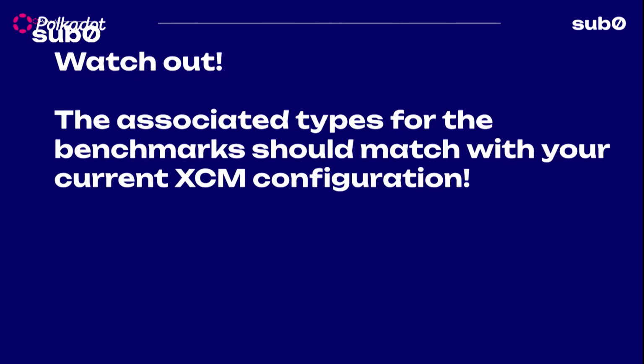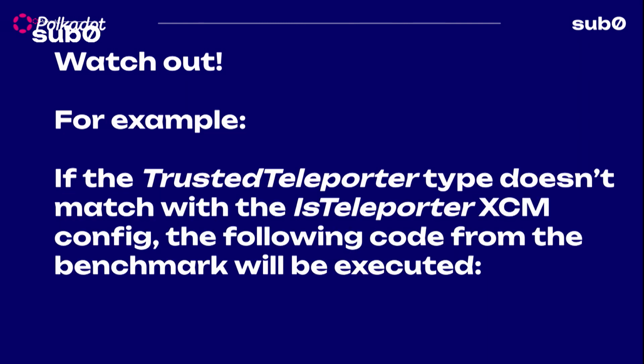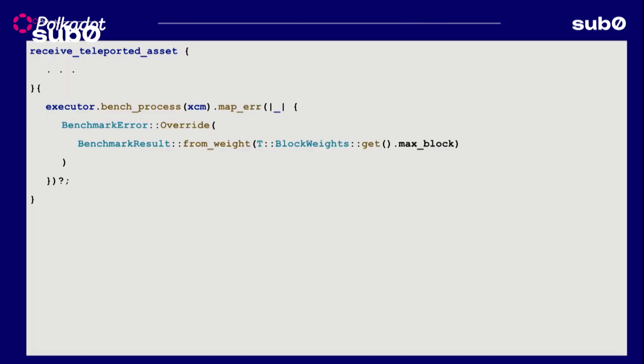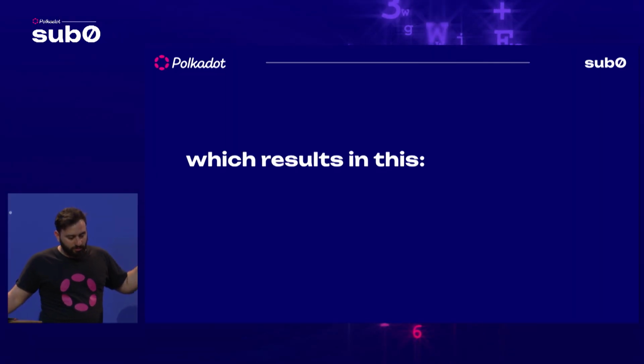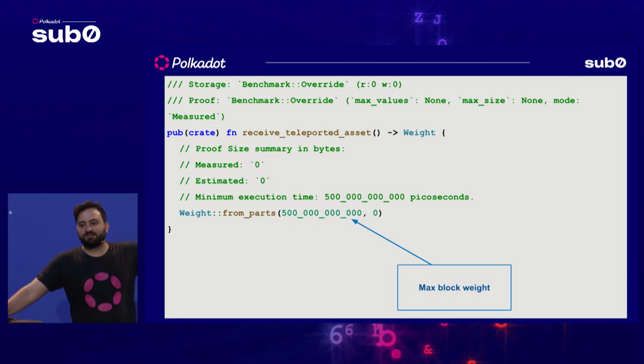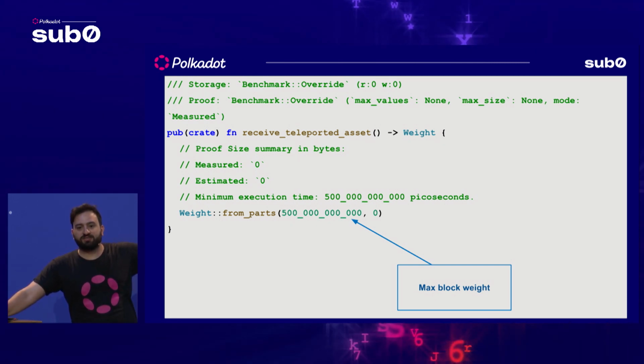But watch out, this was an important one. If you don't define in your benchmark code, in the runtime, matching types, for example, if the trusted teleporter type doesn't match the IsTeleporter XCM config, then when you run the benchmark, you are going to get something like this in the results of the weights, okay?